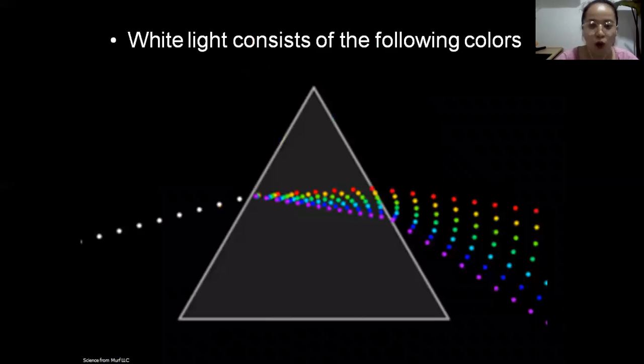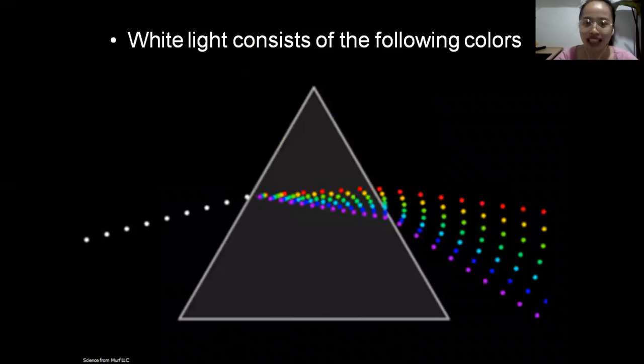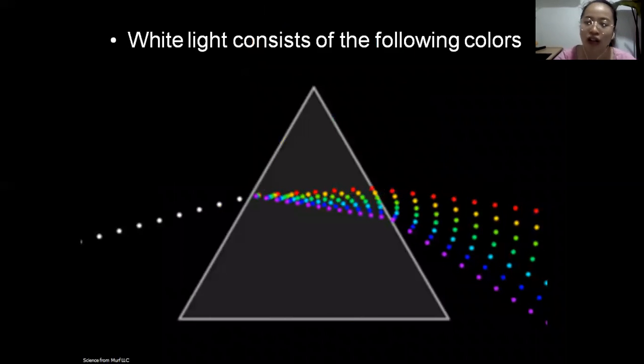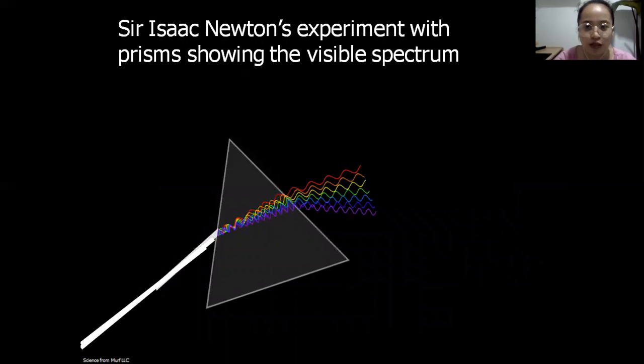Okay. White light consists of the following colors. So white light is the combination of all the light colors. Sir Isaac Newton's experiment with prisms showed the visible spectrum. You can also use a clear bottle, put water in it, and put it under the sun, and then use a white bond paper for the shadow to reflect it.